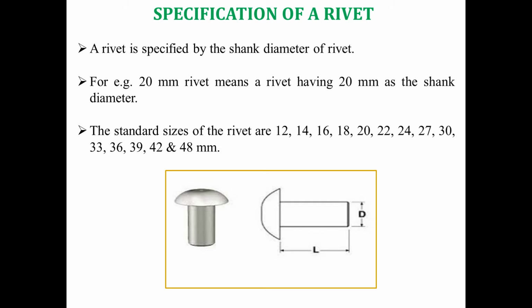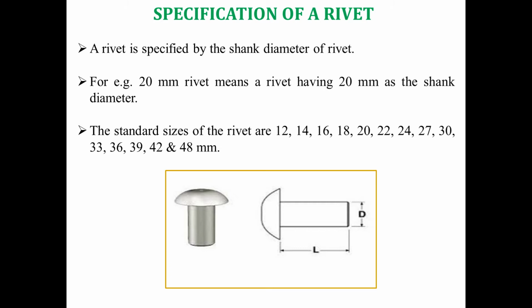You will go to the market, go to the shop, and ask the shopkeeper that I want a rivet. Then how will that shopkeeper understand which rivet you want, because rivets are available in many shapes as well as in many sizes? So how will the shopkeeper understand which shape and which size of rivet you are asking for? That is nothing but the specification of a rivet.